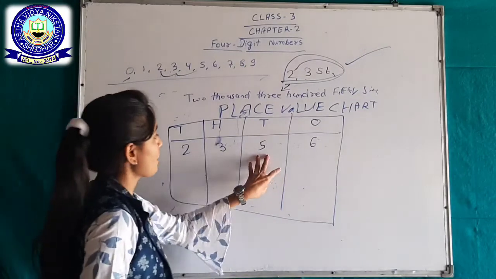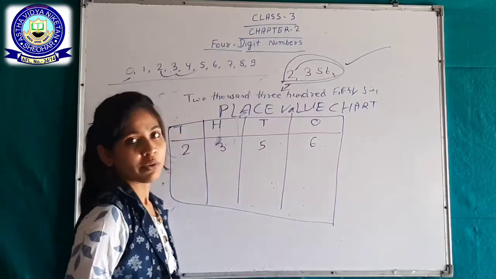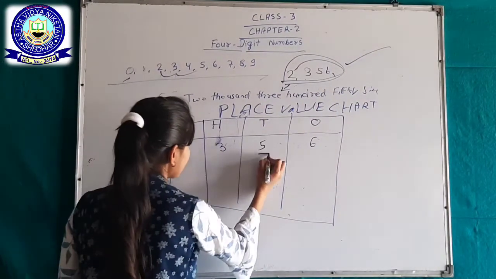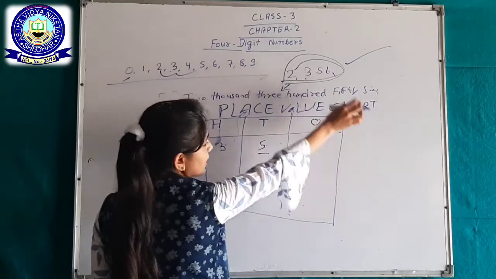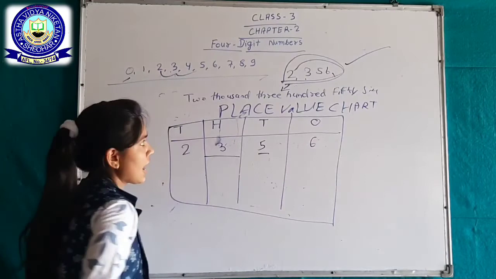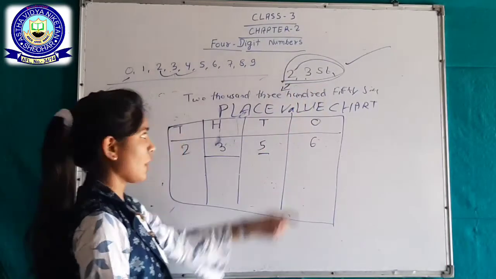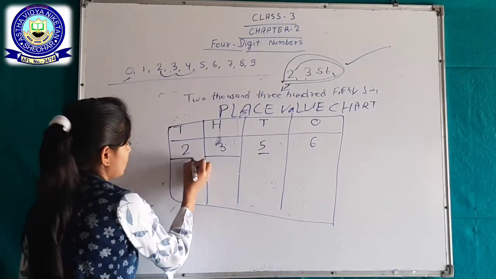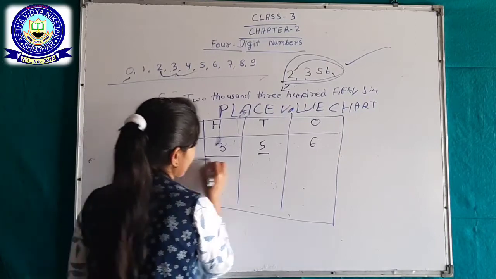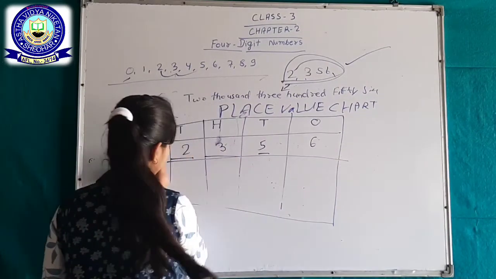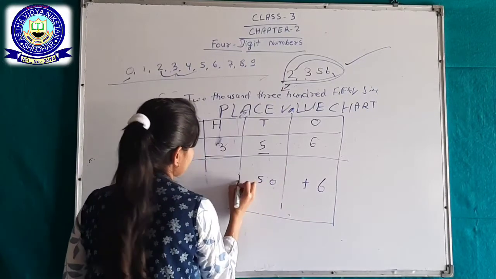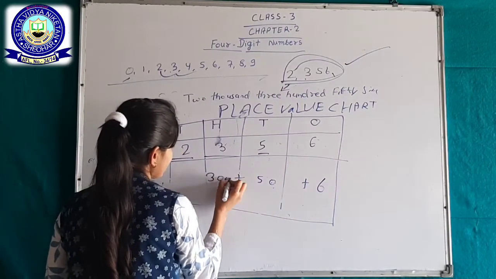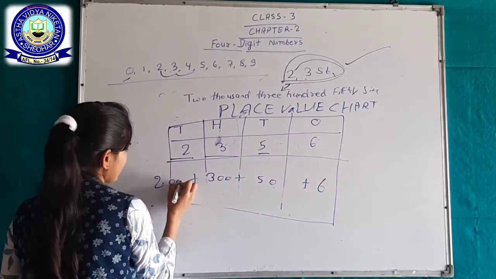The position of 5 in 2356 is tens. The position of 3 in 2356 is hundreds. And the position of 2 in 2356 is thousands. You can write in this way: 6 for ones, 50 for tens, plus 300 for hundreds and 2000 for thousands.